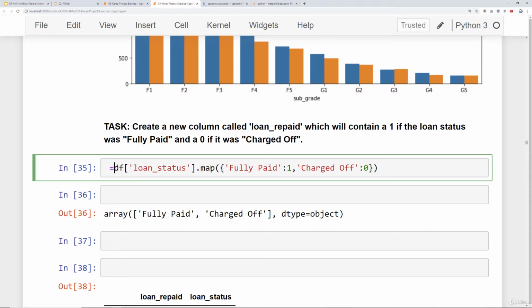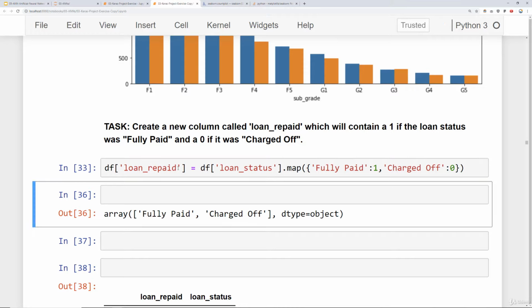And then we'll set this as a new column called loan_repaid. And this will actually be the label column that we use when working with TensorFlow. So go ahead and run that, and then you should be able to view both of them.